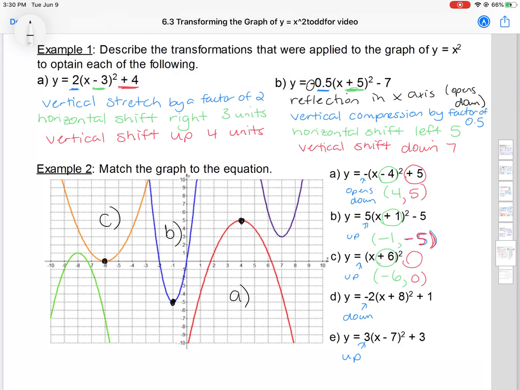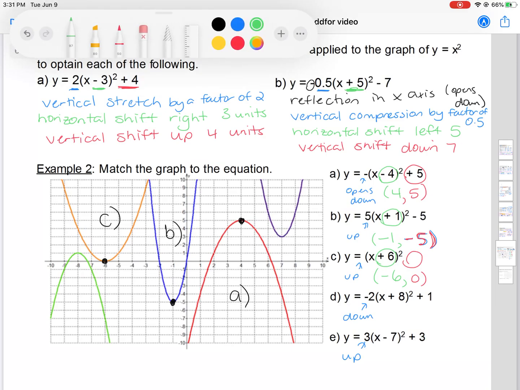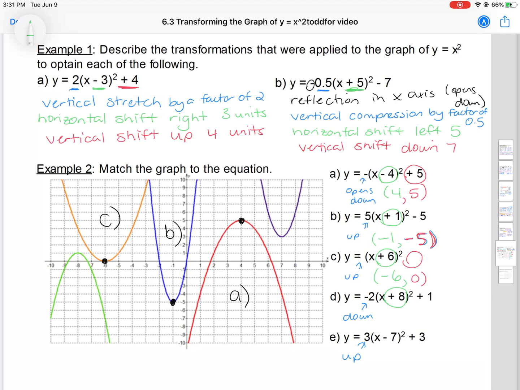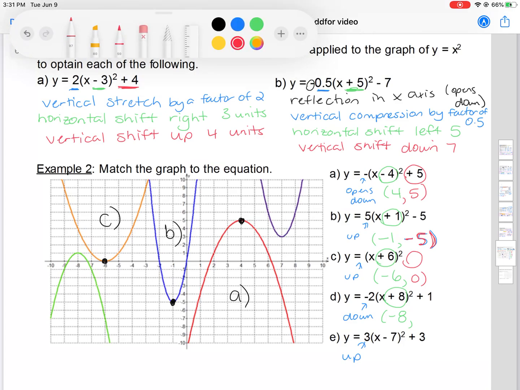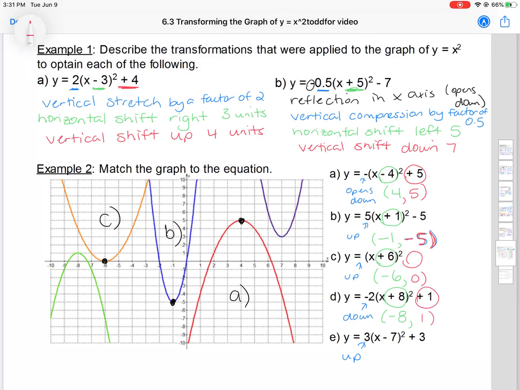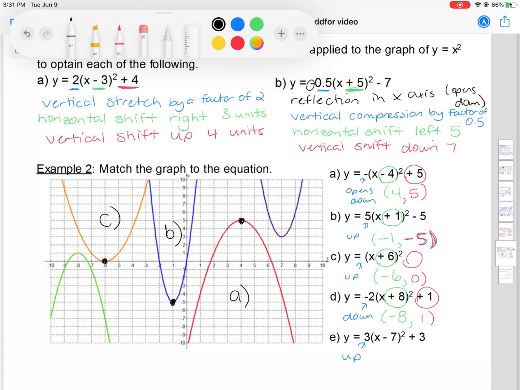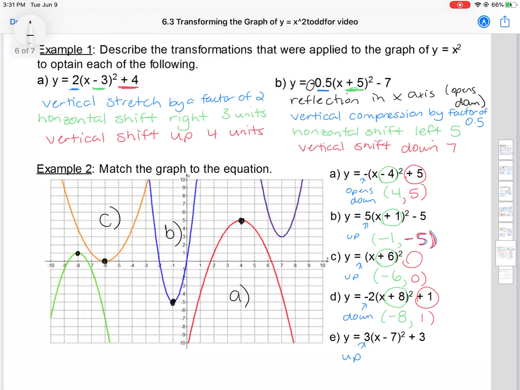Oh yes, it's opening up. Okay, that's that parabola. And then we have +8, which changes to -8, a move left and a move up. So left 8, up 1. That is D.